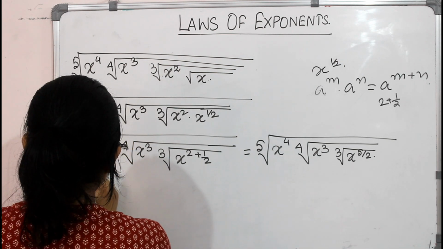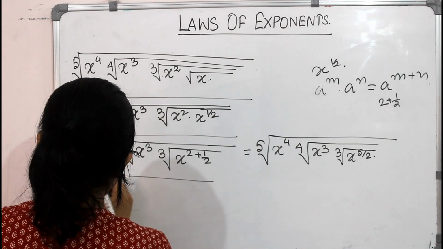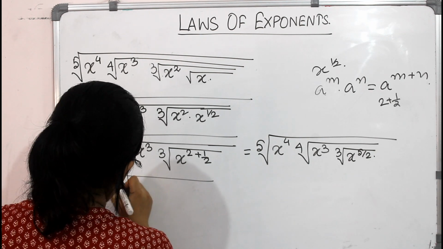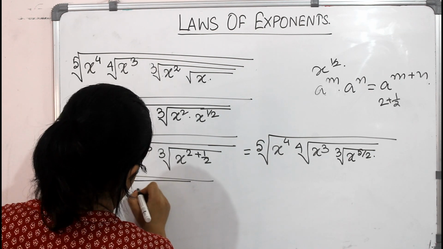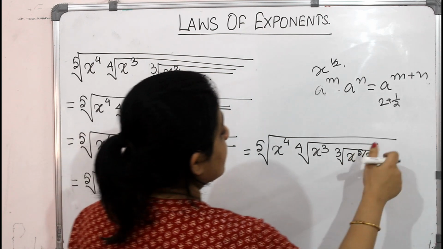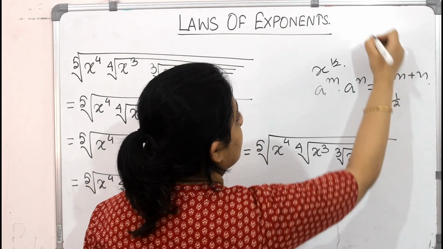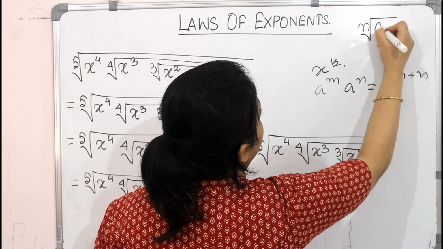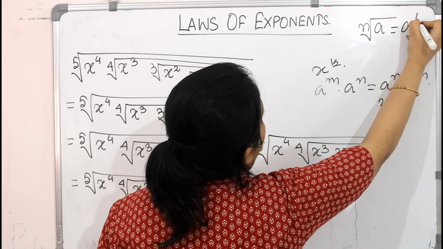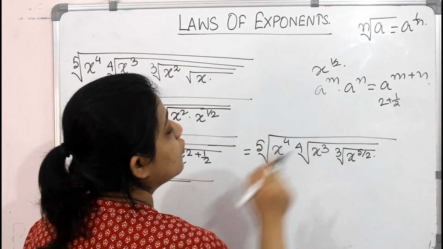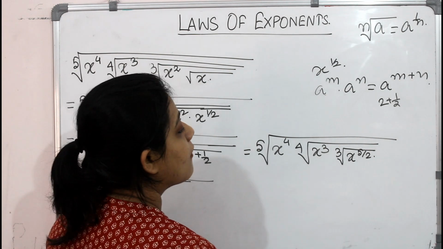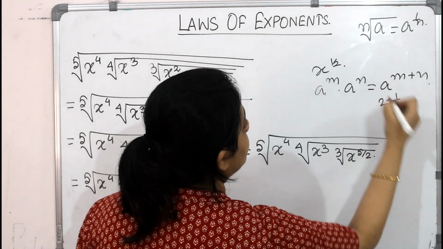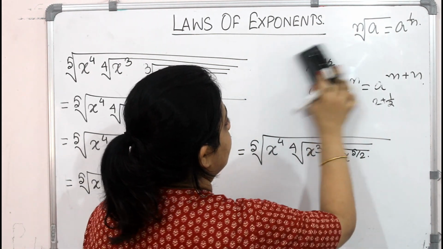So this you can write as fifth root of x to the power of 4, fourth root of x cube. Now this can be written as: nth root of a is a to the power of 1 by n. So this is cube root of x to the power of 5 by 2. I am writing here separately.